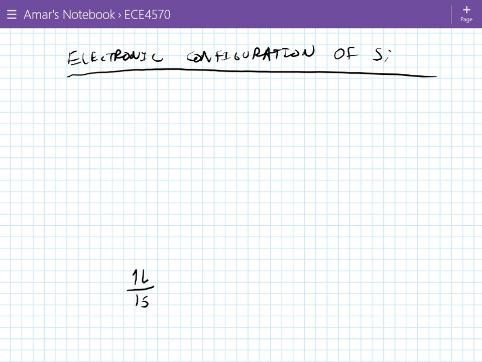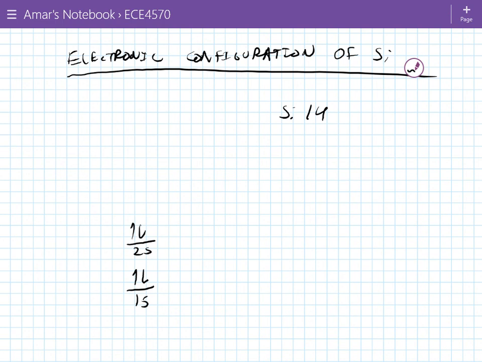At a slightly higher energy, we have the 2s energy states. So then we fill up 2 more. Now silicon has an atomic number of 14, so it has 14 protons, 14 electrons. So we have 14 electrons that we need to take care of. We have 1s, there's 2 electrons that go in there, 2s electrons that go in there.